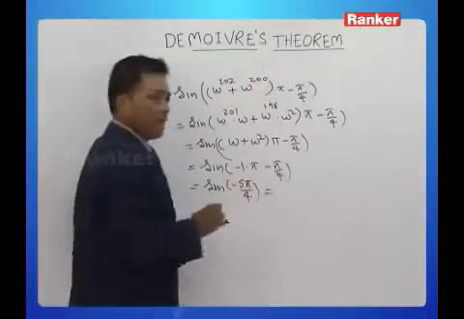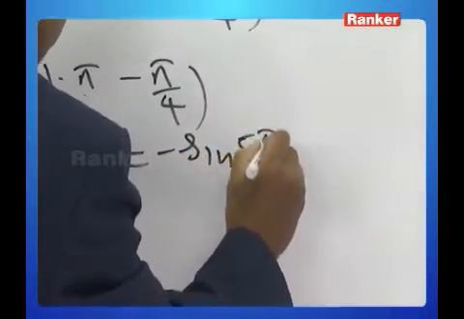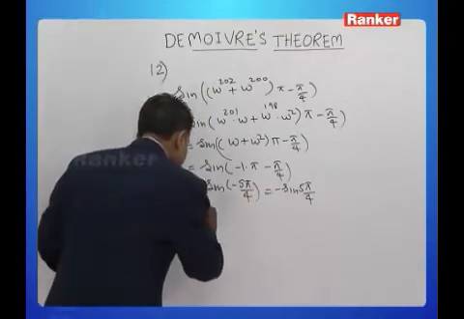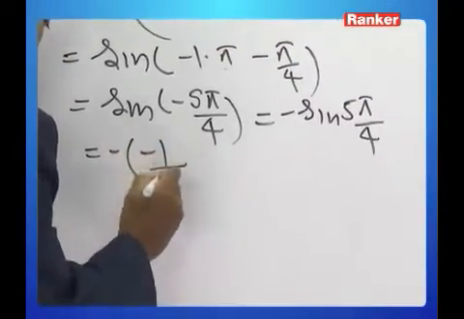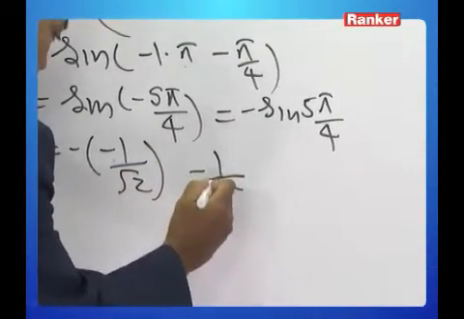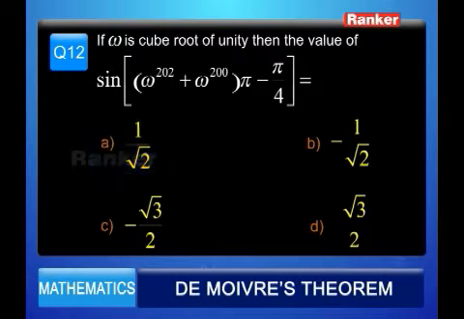So, sine of minus theta is minus sine theta. This is third quadrant, so again negative. Minus of minus 1 by root 2. So, the final answer is 1 by root 2. So, let us see where is this option. Answer is 1 by root 2. Option is A, the first option. This is the right option.